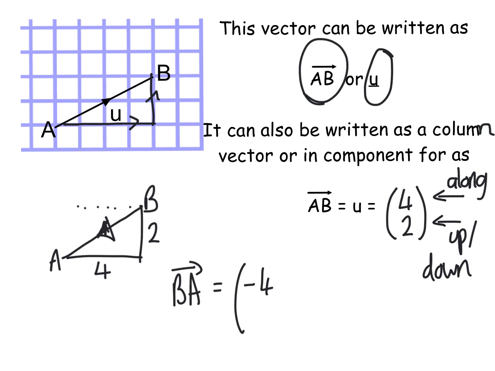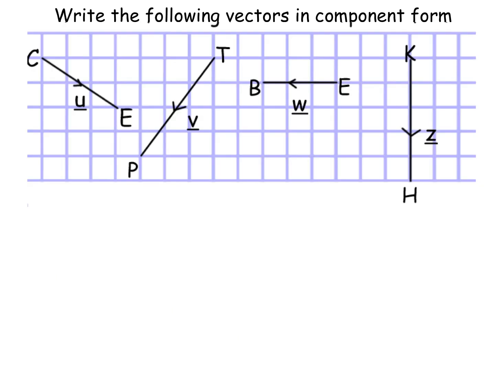So we'd be going back 4 and down 2, so that would be written as (-4, -2). Notice opposite direction, opposite signs on the numbers. So sometimes you'll be asked to sketch vectors, sometimes you'll be able to write down what the vector is in component form, and then we'll do other things with these numbers down the line.